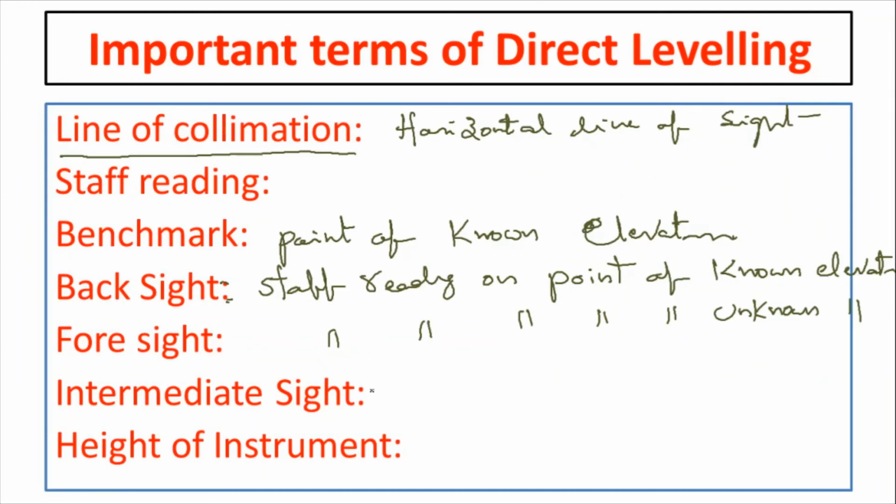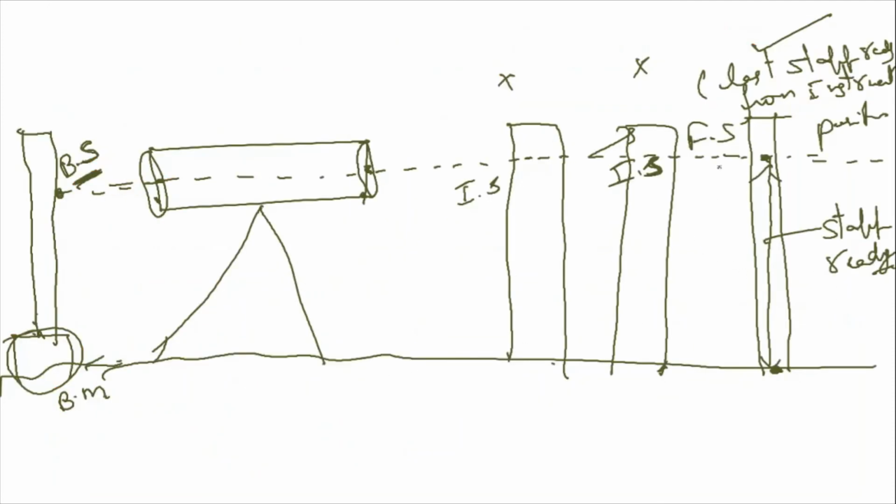It is the staff reading taken between backsight and foresight. Foresight means a staff reading taken on a point of unknown elevation, but it should be the last staff reading from the given instrument position. And intermediate sight is also taken on a point of unknown elevation, but what is the difference? It is not the last staff reading from the given instrument position.